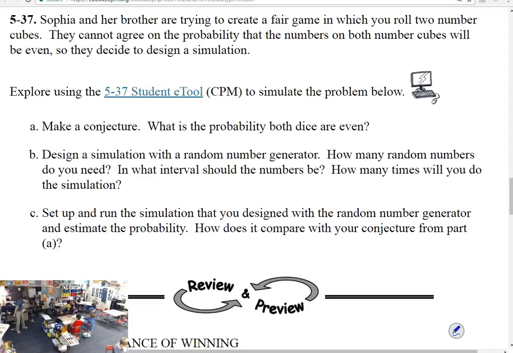There's a 1/2 chance. What is the probability your dice are even? 50%. Yeah, because 3 out of the 6 sides on a die are even.